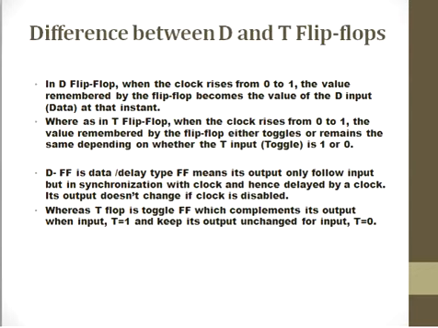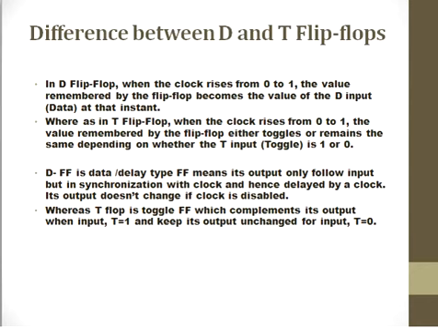Let us discuss the differences between these two types of flip-flop, the D flip-flop and the T flip-flop. In the case of the D flip-flop, when the clock rises from 0 to 1, the value remembered by the flip-flop becomes the value of the D input at that instant.